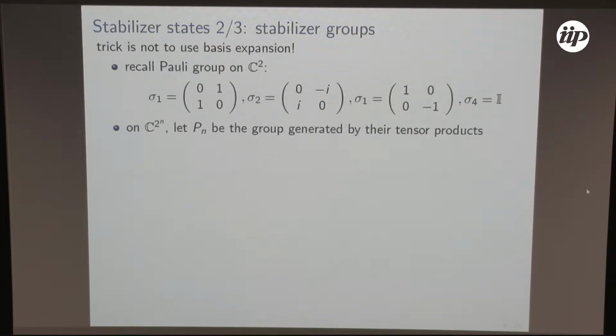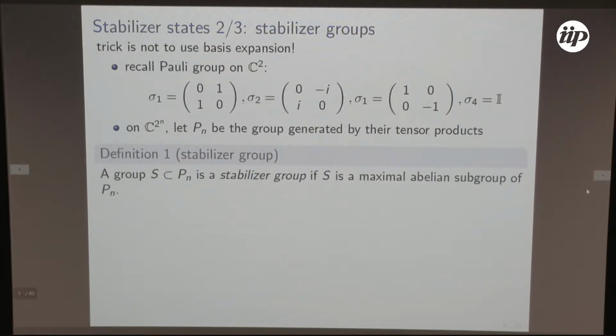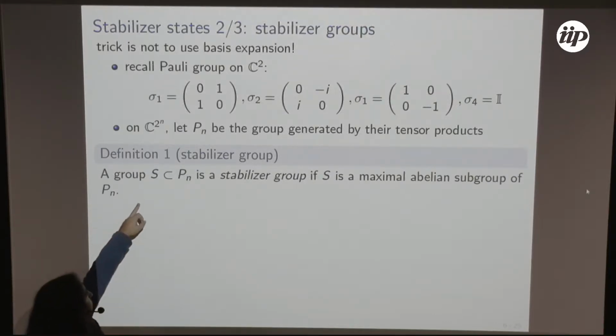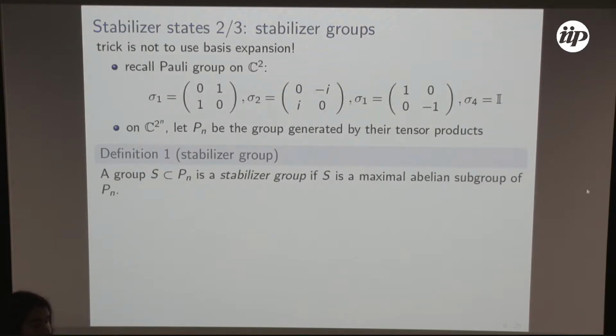These Pauli matrices have a nice property because they either commute or anti-commute. And so you can define a stabilizer group to be a maximal subgroup of this bigger Pauli group that is also abelian, so all the elements of this group commute. And because all these elements commute, they have a common eigenbasis.